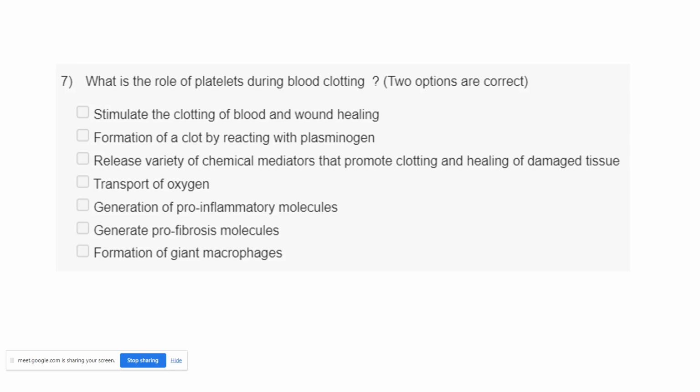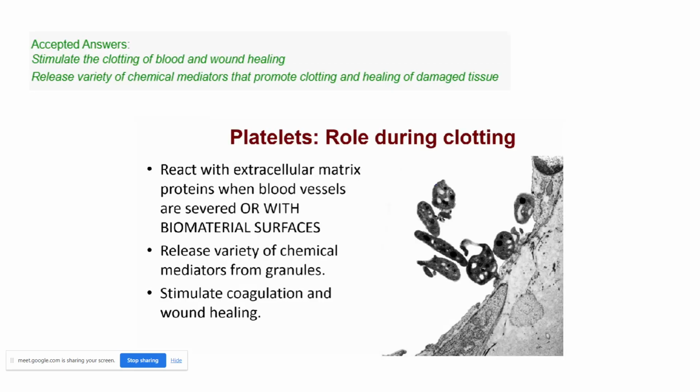Anyone else? Okay. First and third options are correct.